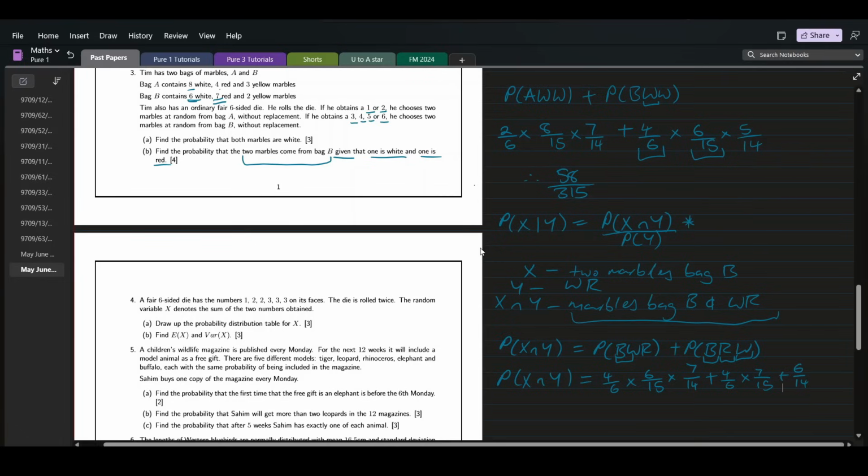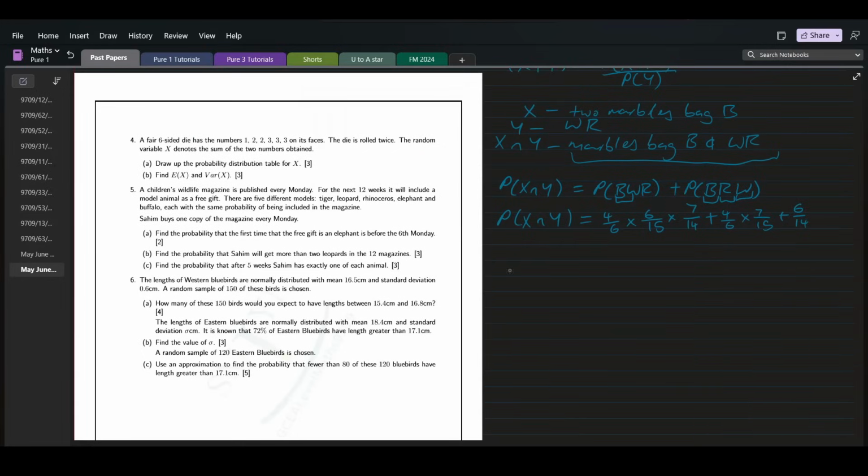Okay, let's punch this into our calculator. Probability of X intersection Y is equal to 4 over 6 times 6 over 15 times 7 over 14 plus 4 over 6 times 7 over 15.